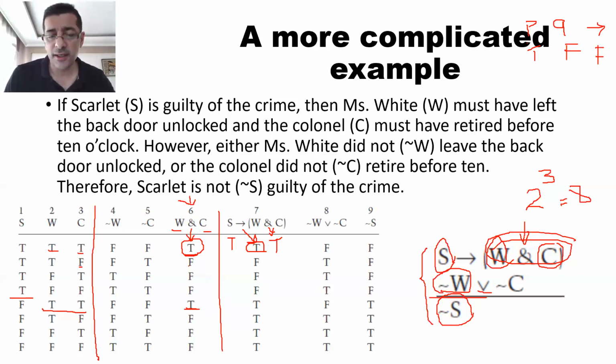So in these three cases, what I am sure is that W and C must be false and S must be true. So let's just check them. Should be false, false, false.